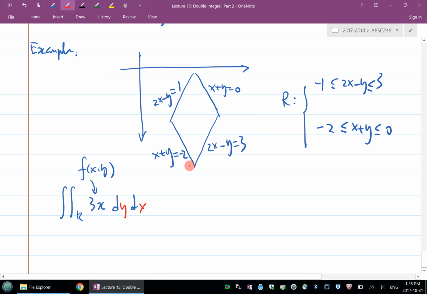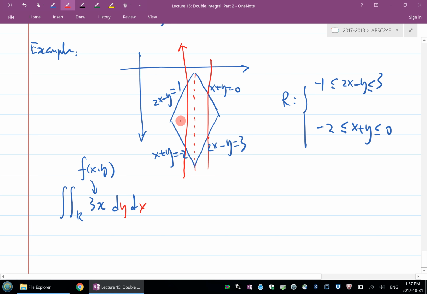The process for finding the limits is to draw arrow lines in the y direction, then find y min and y max based on the first and second contact. But if I draw it here, this is y min and this is y max, and if I draw it here, y min and y max are different, right? So for this question, if you use Cartesian, you're going to section this region into 2 parts, or 2 regions.